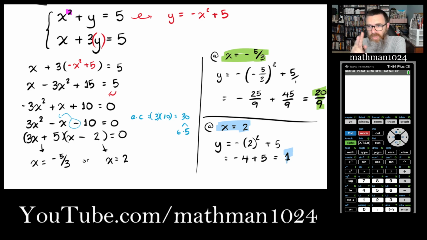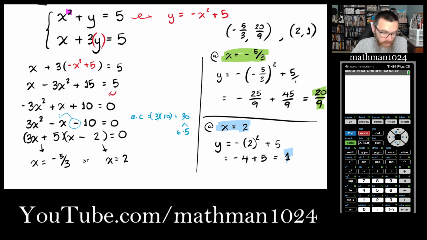So these are our two solutions. So let's just solidify that. So our solutions are negative 5/3, 20/9, and then we have the other solution, which is 2, 1. A much nicer ordered pair, right?